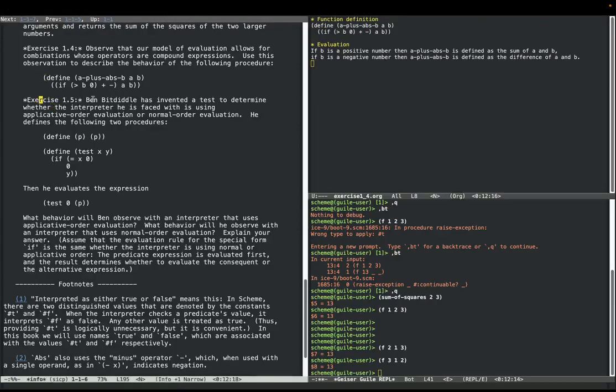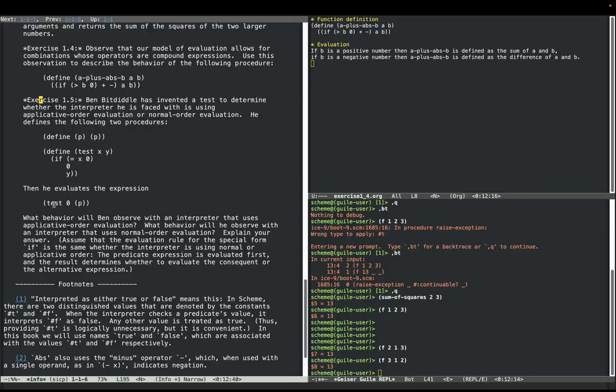Exercise 1.5. Ben Bitdiddle has invented a test to determine whether the interpreter he is faced with is using applicative order or normal order. He defines the following two procedures. Define p as p. Define test x y: if x is equal to 0, then 0, otherwise y.